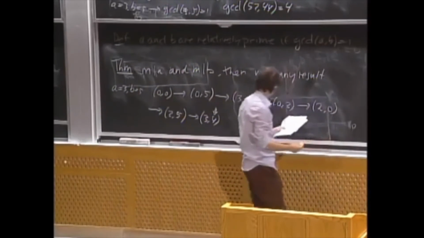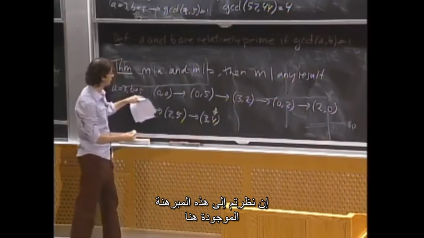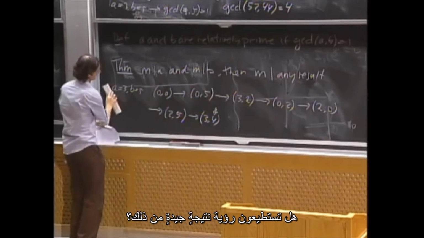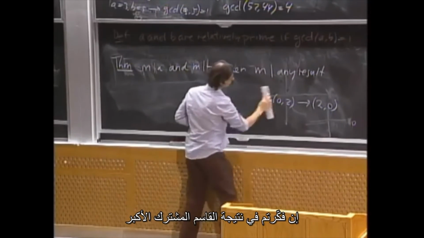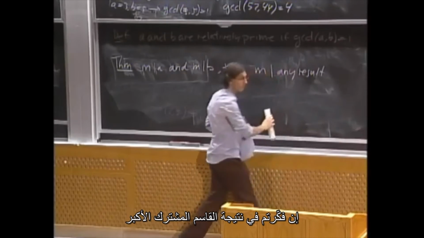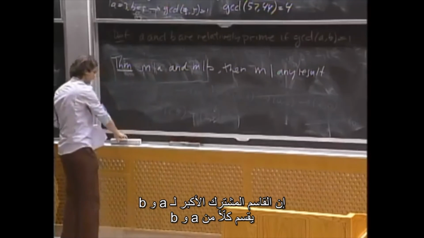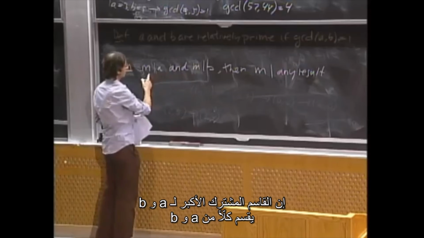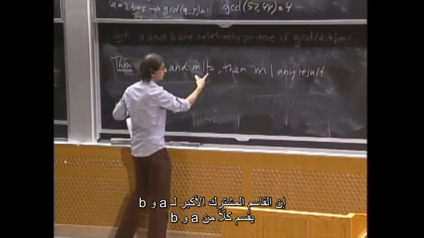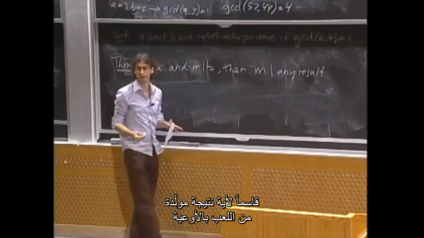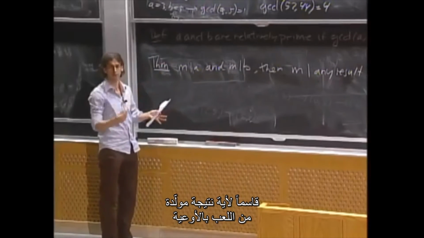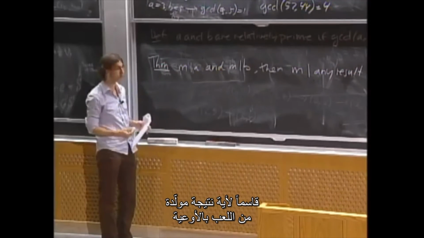So, if we now look at this particular theorem over here, can we see a nice corollary of this? Like a result, if you think about this greatest common divisor: the greatest common divisor of A and B divides both A and B. So the greatest common divisor of A and B will divide any result that we can generate by playing this game with the jugs.